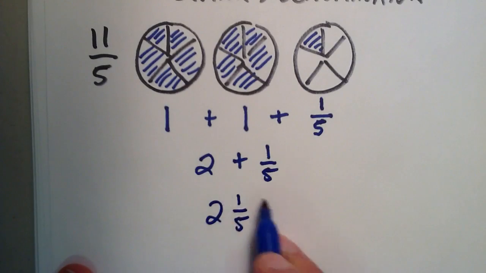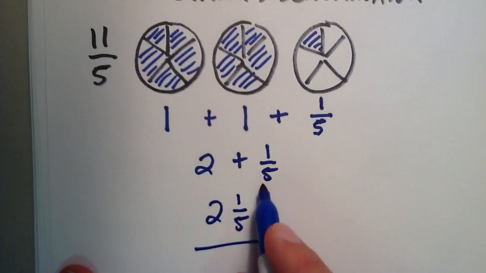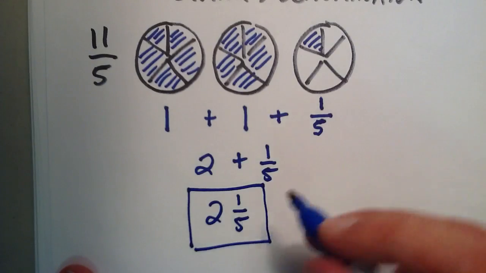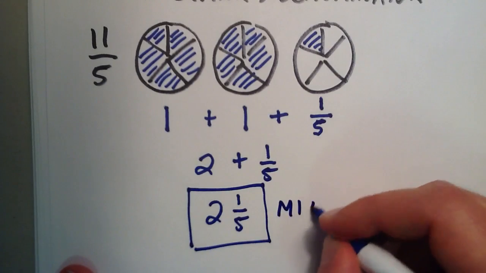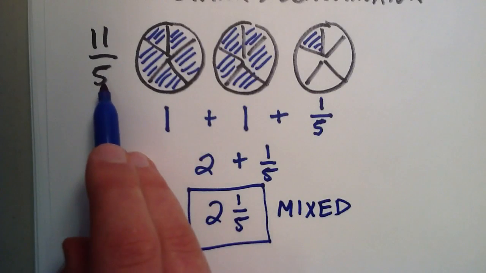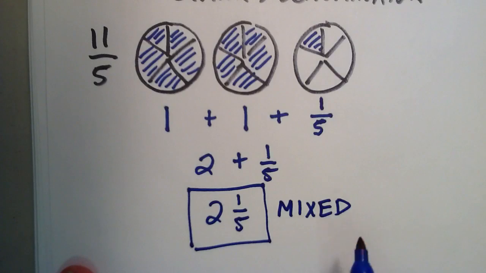This is really just an equivalent way to write 2 plus 1/5. And this form right here is basically your mixed fraction. So all improper fractions, like 11/5, can be written as a mixed fraction, 2 and 1/5.